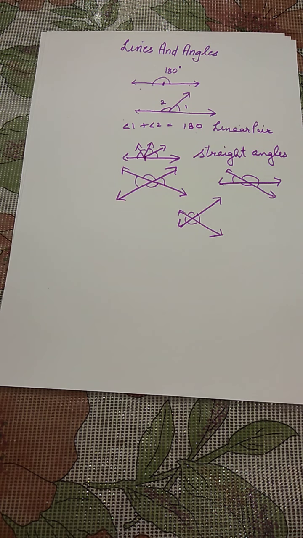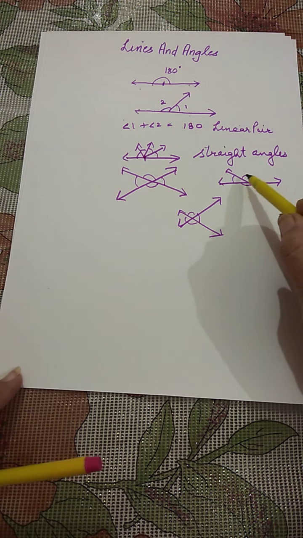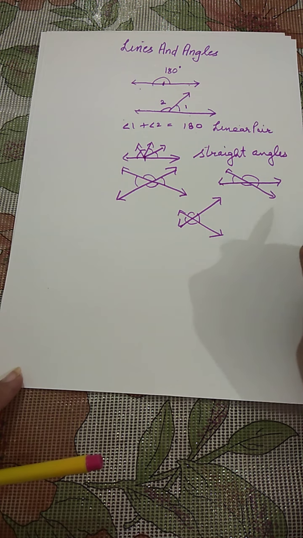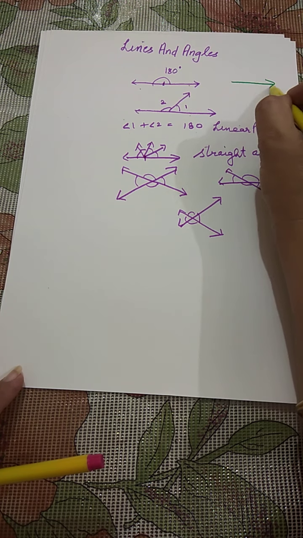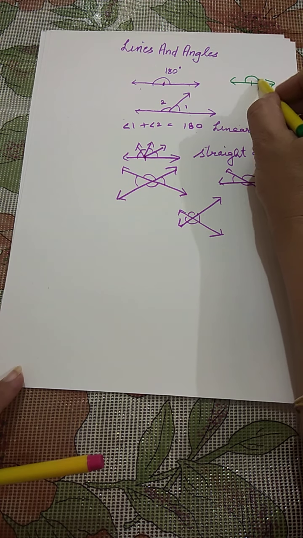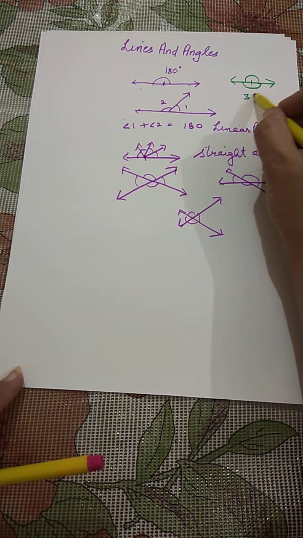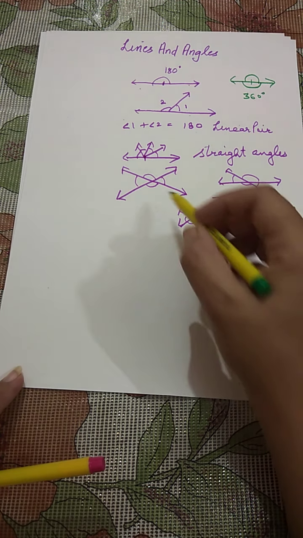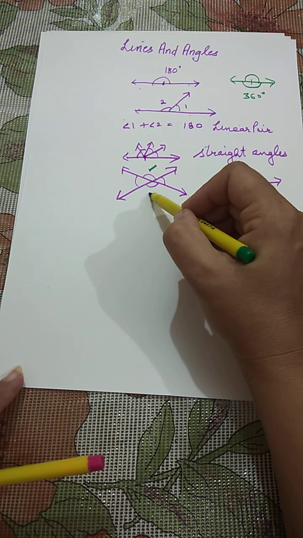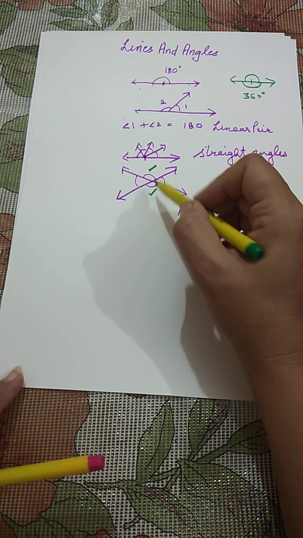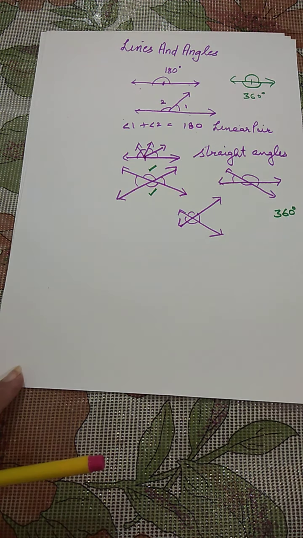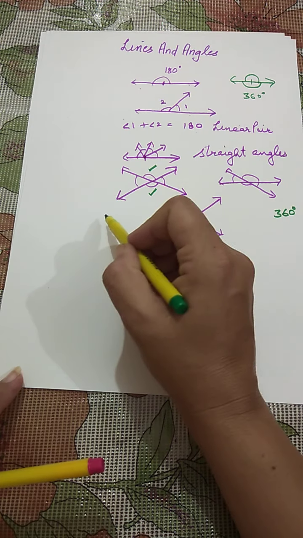Now there is a certain relation between these angles. First of all, you should know that the complete circle is 360 degrees, which we call a complete angle. If this is a straight line, this is 180 and this is also 180, so the complete angle becomes 360 degrees. Now this angle and this angle, which in intersecting lines are just opposite to each other, are equal.